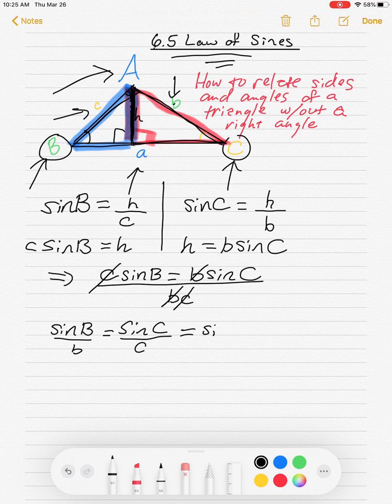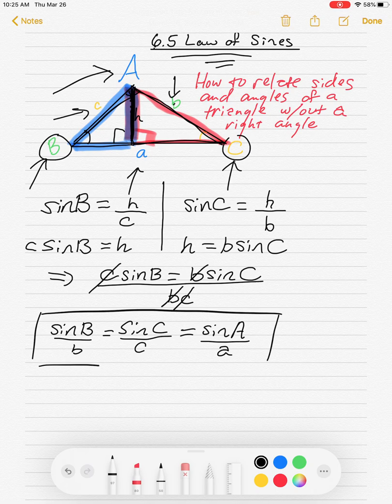But let me write that in for now. You probably guessed the third variation. It's just sine of A over A. So this is the law of sines. This is a very useful rule, and like I said, it's one that's very easy to come up with.